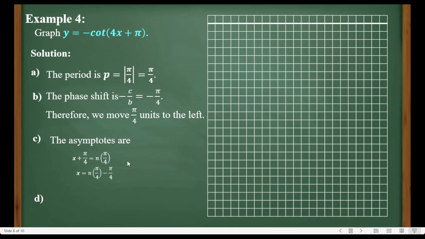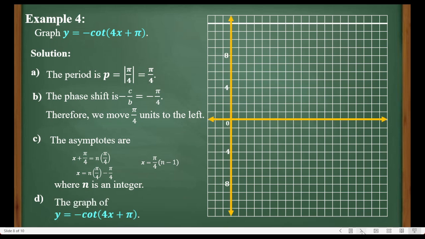Then transpose pi over 4 to the right. So x can be determined by this value, pi over 4 times the quantity n minus 1, where n is again representing an integer. Now, for the graph, let us prepare the Cartesian plane.